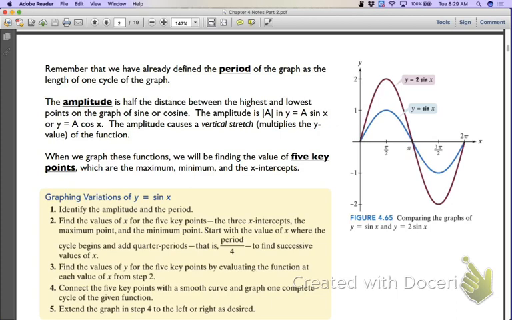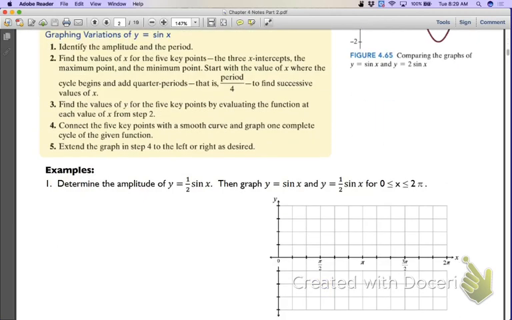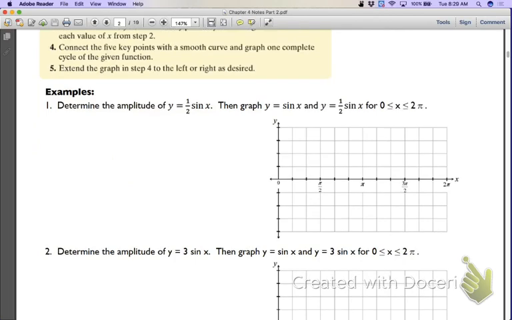Same way if it's a negative, we're just going to multiply that value by 2. You will get into the habit of, like, if it says determine the amplitude of y equals 1/2 sine. Graph y equals sine of x, and graph y equals 1/2 sine of x.